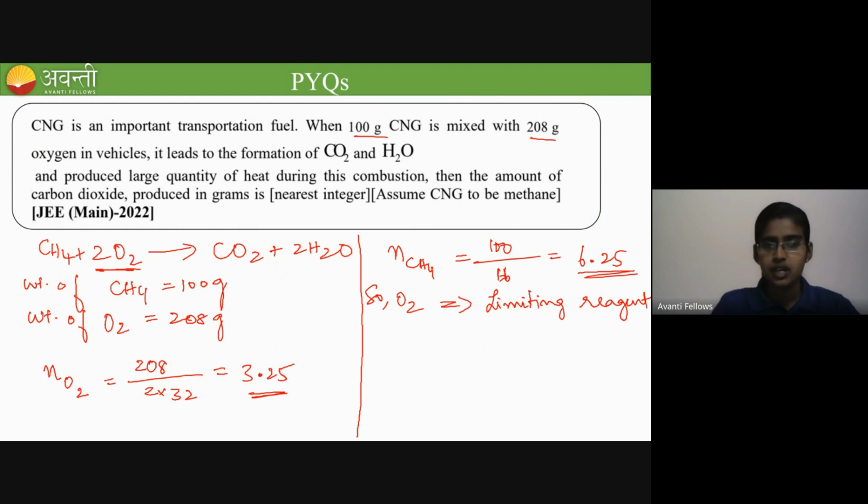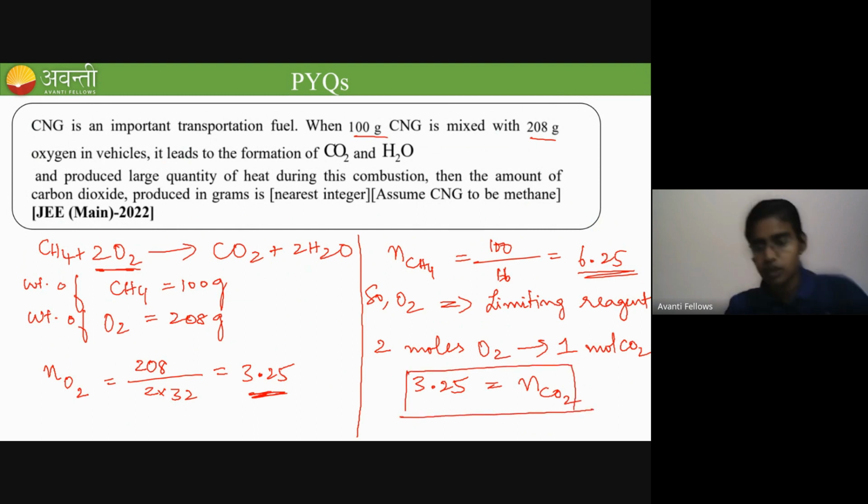So in the reaction, 2 moles of oxygen is producing 1 mole of carbon dioxide. So 3.25 is the number of moles of oxygen, which is equal to the number of moles of carbon dioxide.